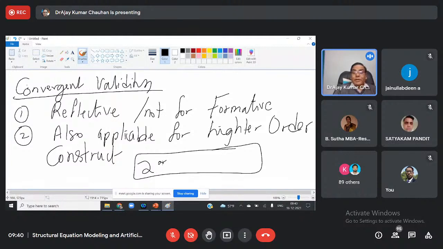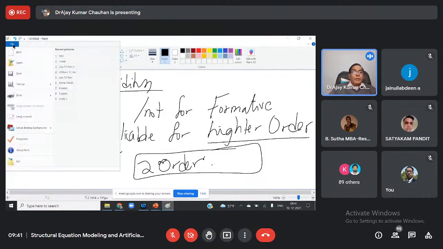Today we will talk about the second order only, not third and fourth order, because in research we always use second order, so that is very common. So these 2 points we have to take care of.